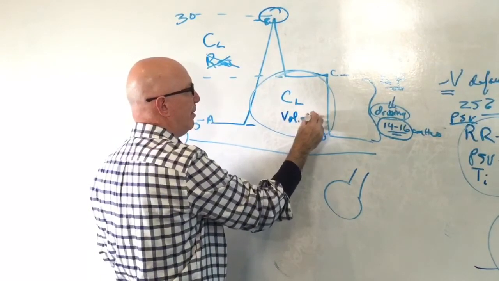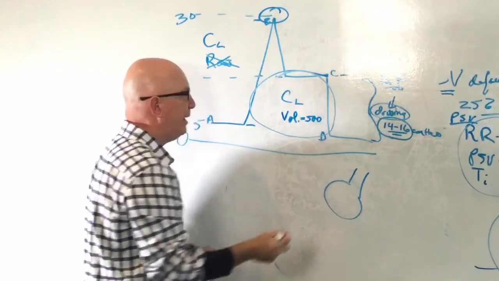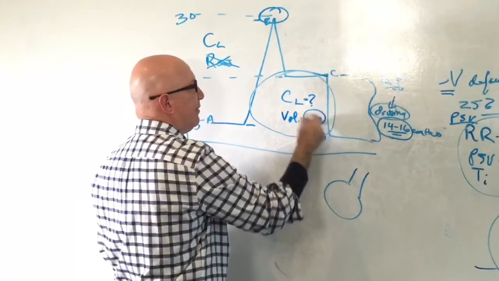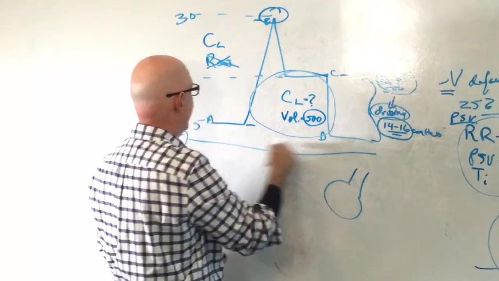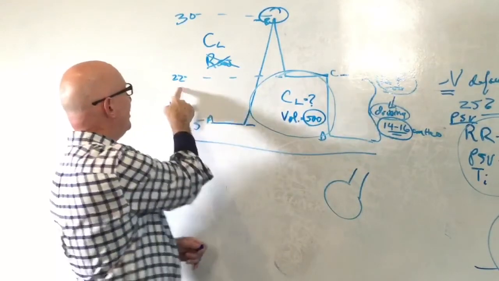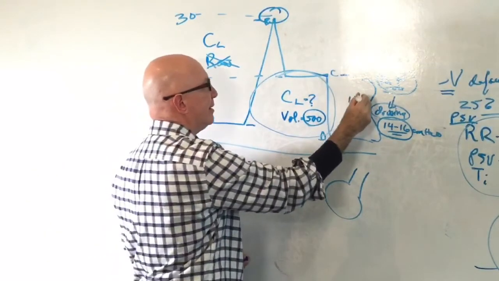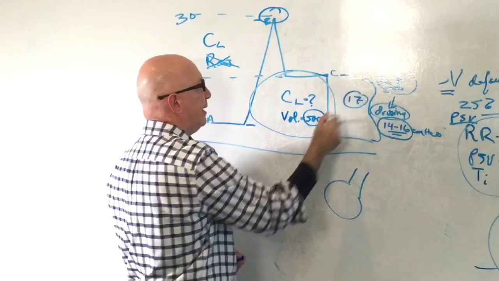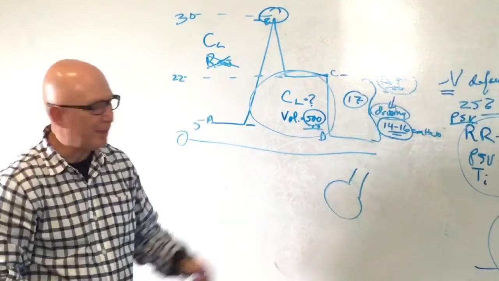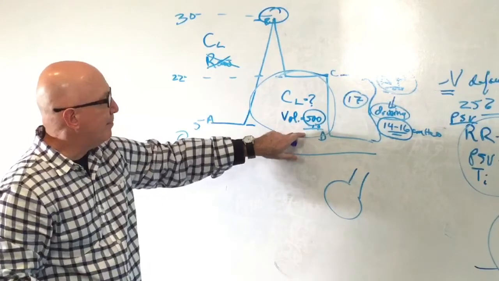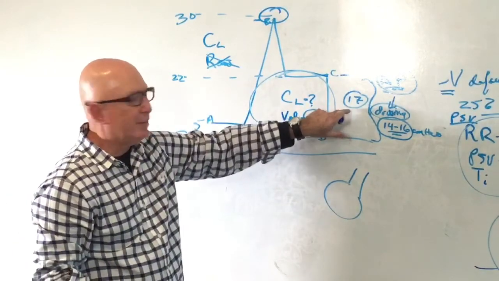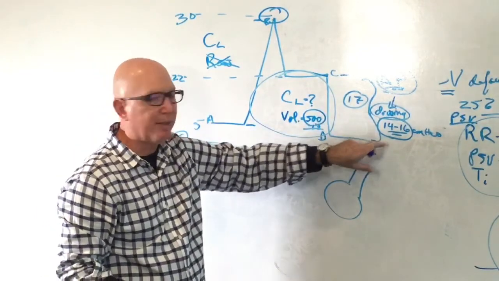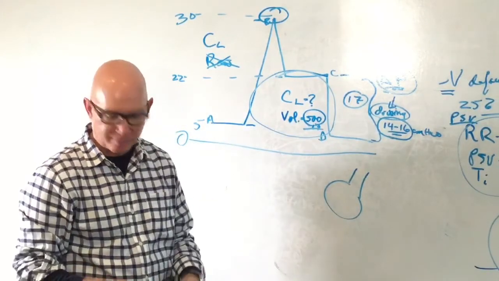So let's just take a volume of 500 cc's as an example. In order to get the compliance, the machine divides this 500 cc's by whatever the delta P is. In this particular case, our delta P is 22 to 5, so it's 17. And 17 divided into 500, I'm not going to try to do that in my head quickly for you. But nevertheless, that pressure, or the driving pressure, is the pressure that's most significant today when we talk about lung damage.